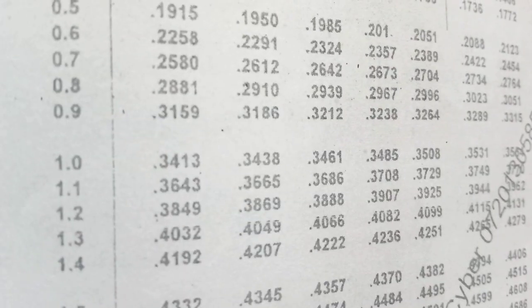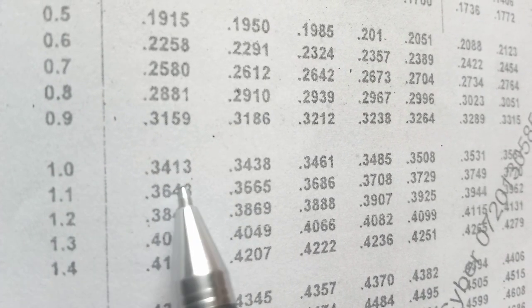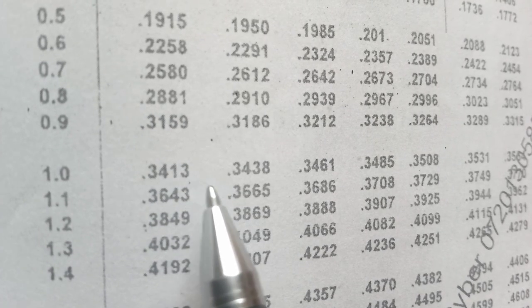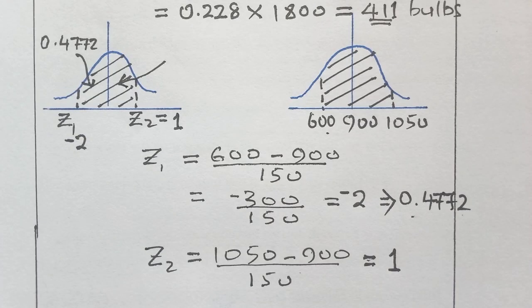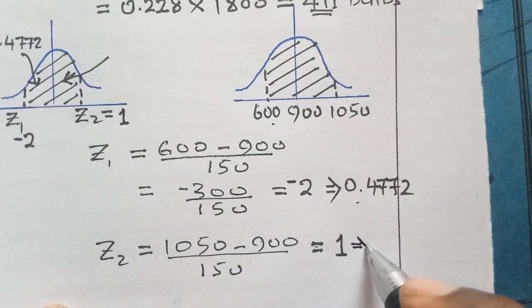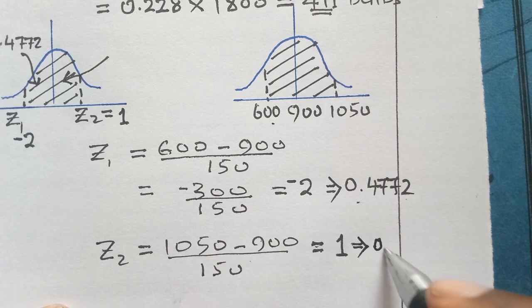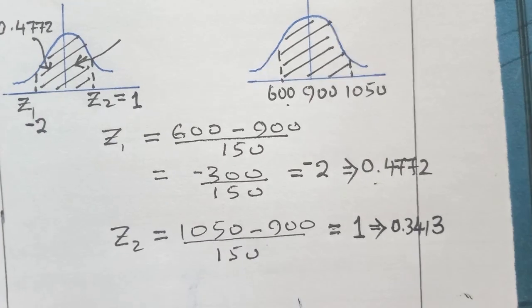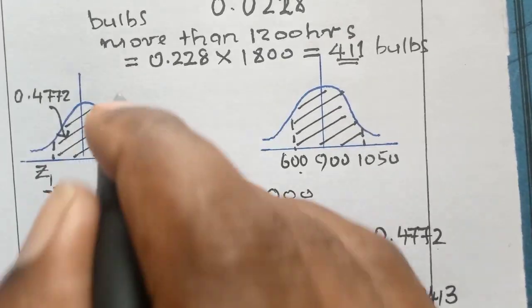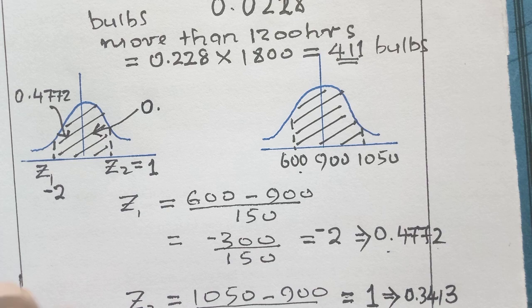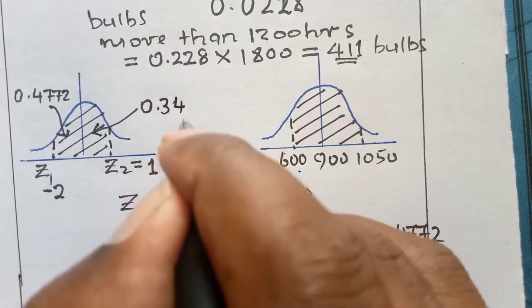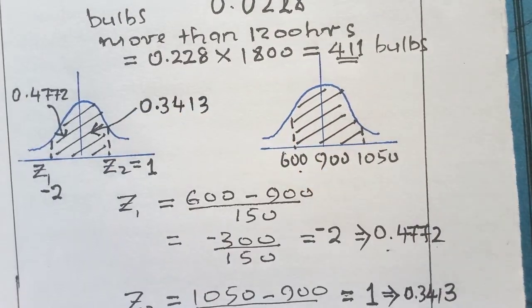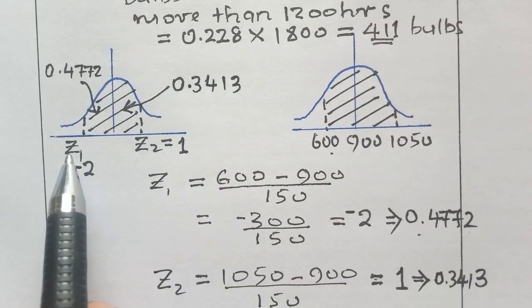Maybe I can show you in a better way. This is 1 and it gives 0.3413. So we can write it here, 0.3413, and this is the probability, guys, we require between Z1 and Z2.